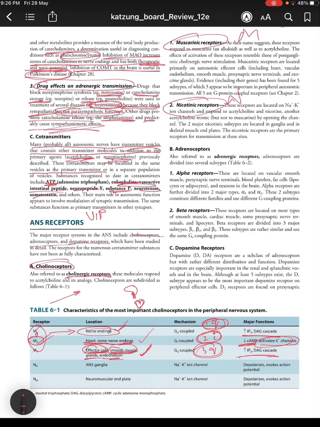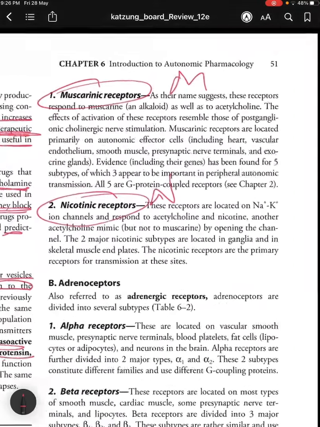Because M2 muscarinic receptors are a part of the parasympathetic system or cholinoceptors, they are supposed to cause negative effects on the heart, such as negative inotropy, dromotropy, chronotropy and bathmotropy. So they have to decrease cyclic AMP and activate K plus channels for K plus efflux to cause these slowing effects on the heart.